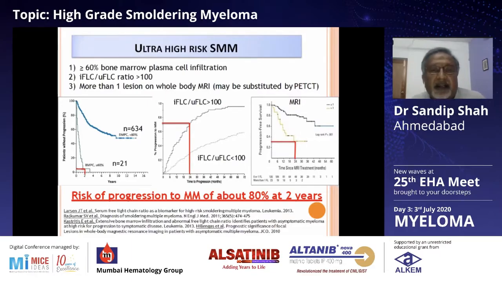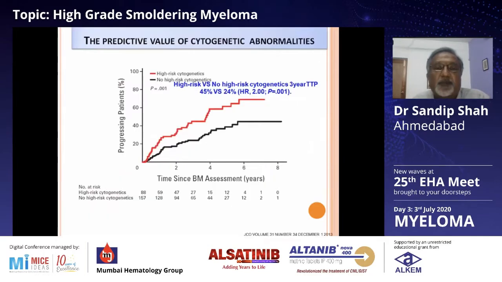So ultra high risk smoldering myeloma is now treated as myeloma, and the risk of progression to multiple myeloma is about 80% at 2 years. So all the patients who have progression to multiple myeloma more than 50% at 2 years are considered high risk smoldering myeloma patients.